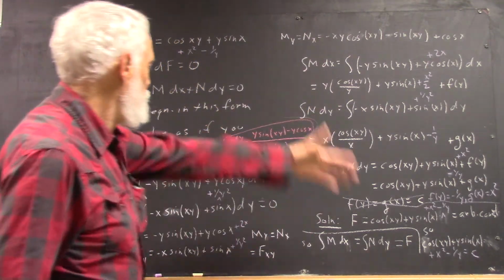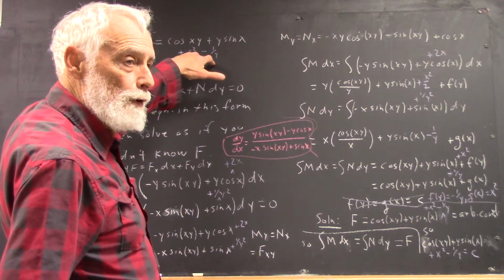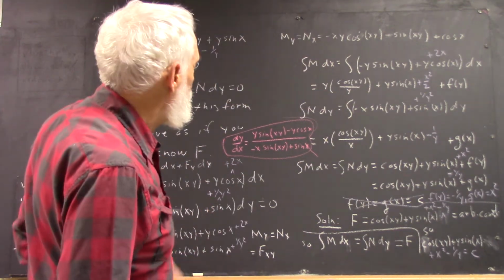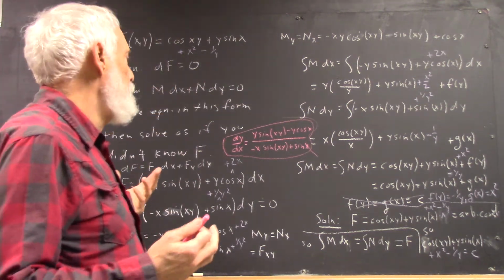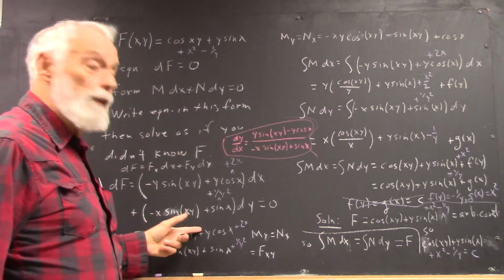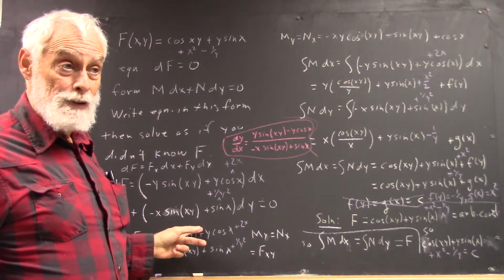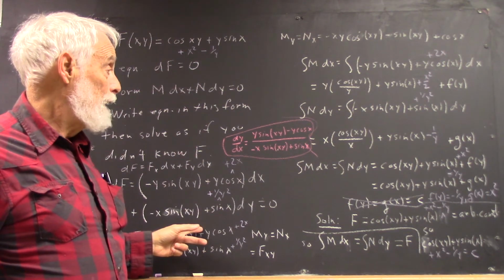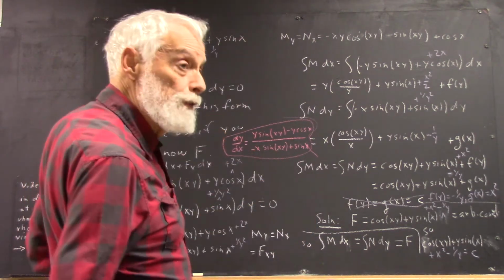Now, since I didn't have room, I didn't write the things that come off of the x squared and the 1 over y. But you see, and we'll check this in a minute, that this doesn't look anything like this. Okay? So you might have to rearrange this to check to see whether this is exact or not.